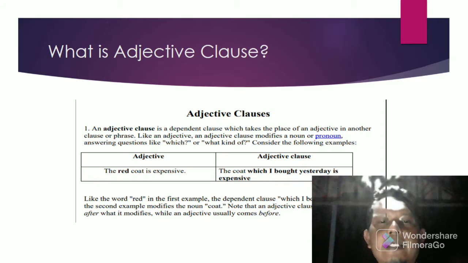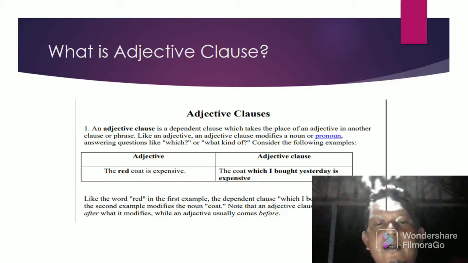Then an adjective clause usually answers the question which one or what kind of. And remember, an adjective clause will take place on another clause or another phrase.